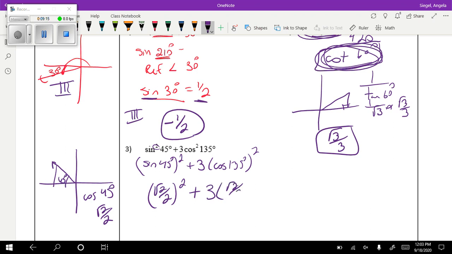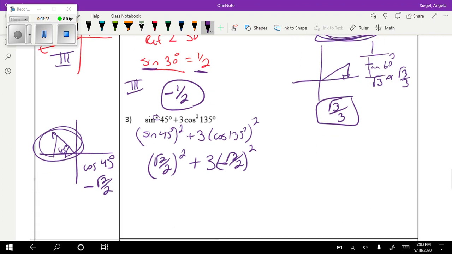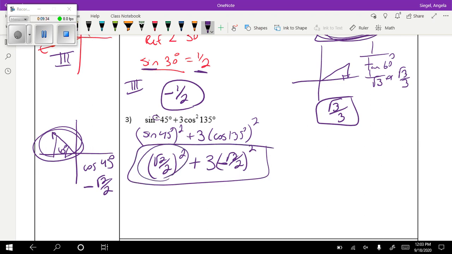So I have square root of 2 over 2 squared. Oh, sorry, it's in quadrant 2, so it's going to be negative. That's not going to affect our final answer, but I just want to make sure I put that in there. This becomes just an algebra problem from here. If I square this, I get square root of 2 times square root of 2 is 2, and 2 times 2 is 4.